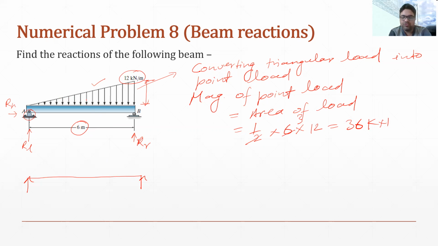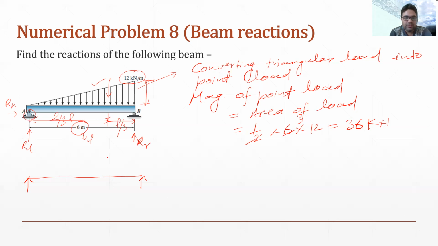I have converted this UVL into point load, and this point load will be located at the CG of this triangle, and the CG of this triangle will be something here, which is 2 by 3L from point A and L by 3 from point B. So if I take this value as L, in that case this will be 2 by 3L and this will be L by 3.